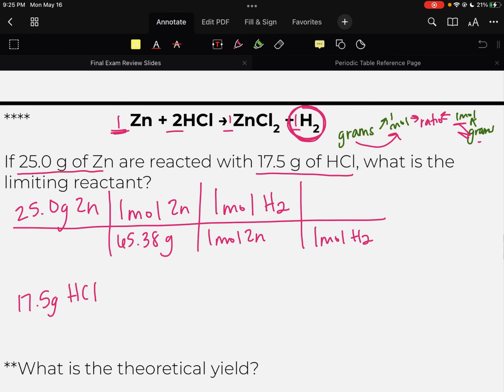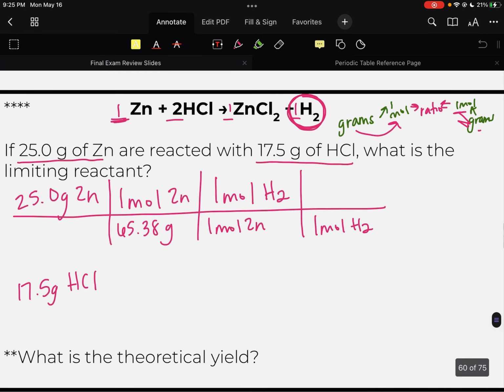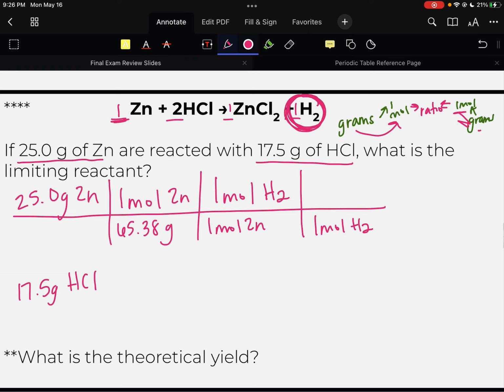Okay, yes, we're looking for hydrogen. So on the homework module, it's going to ask you for the theoretical yield of hydrogen in one problem, in the next problem. So I have 2.02 grams of H2.